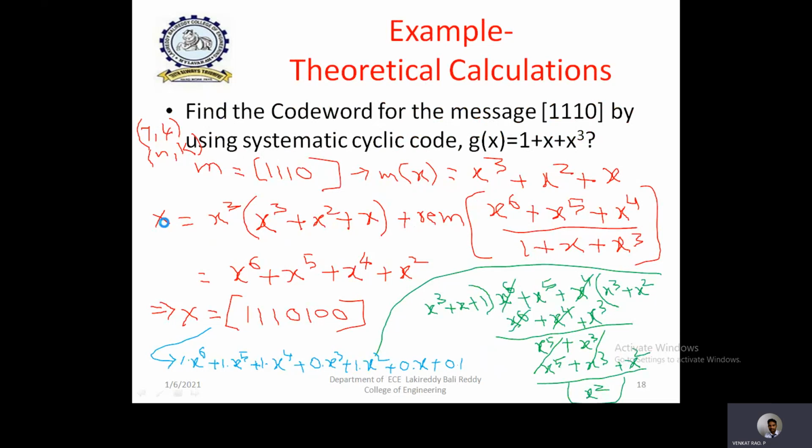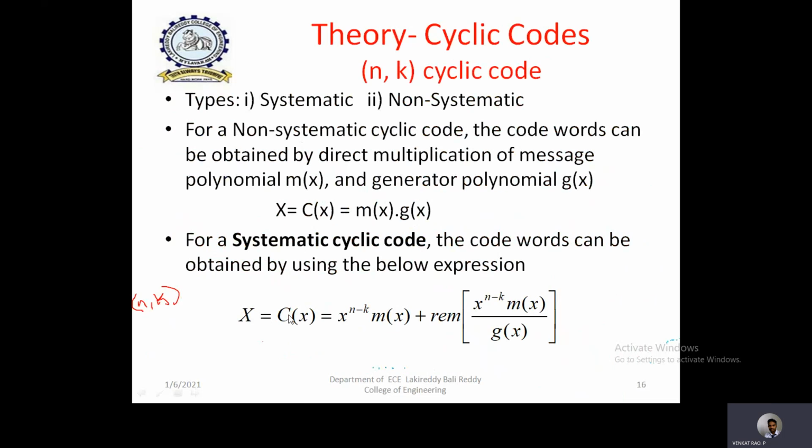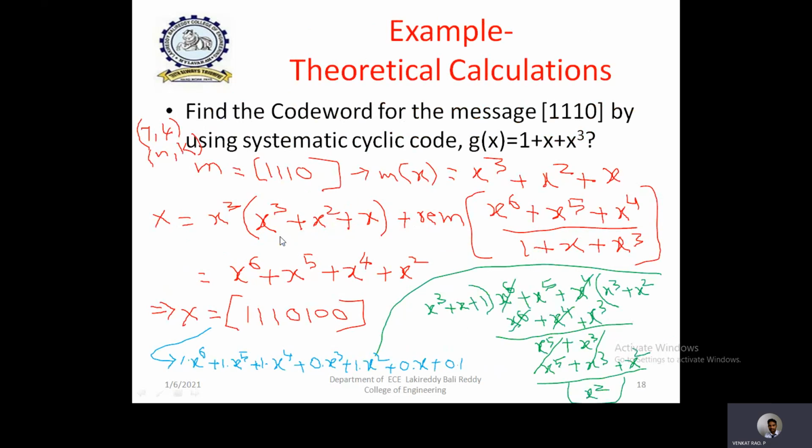So I am taking the formula representation directly, that is, the code polynomial can be obtained by using this formula. Substitute this formula directly, that is x power n minus k into m of x plus the remainder of the same term by g of x. So x power n minus k, that is x cube, into m of x plus the remainder of the same term by g of x.